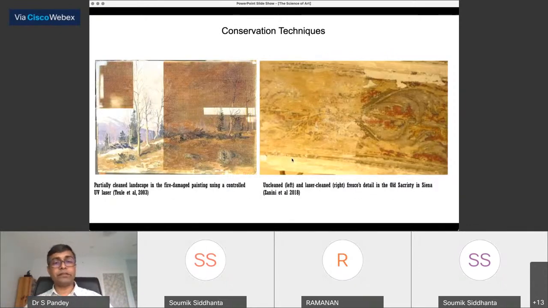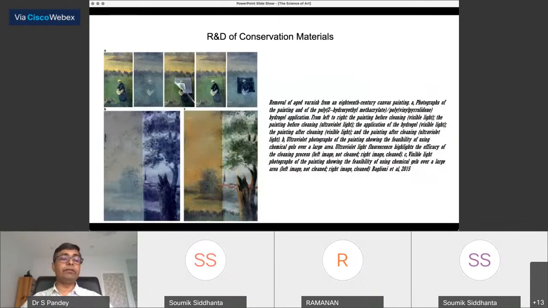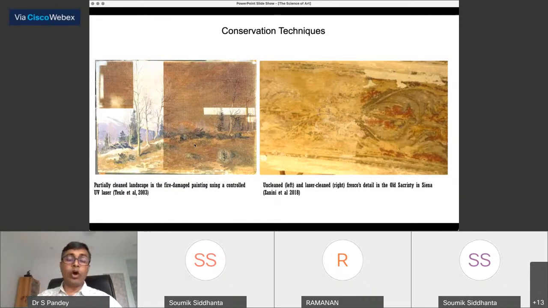In terms of conservation techniques, nowadays, laser cleaning has become very, very useful. Now, this is a painting which was damaged in fire. Damaged in the sense it was not burnt, but the soot and everything deposited, making it opaque. People tried cleaning with normal solvents, the way we used to do in conservation.